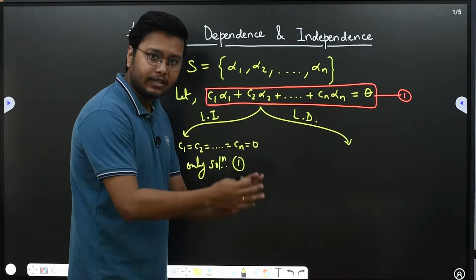So I have multiplied the entire equation by Cj inverse on both sides.